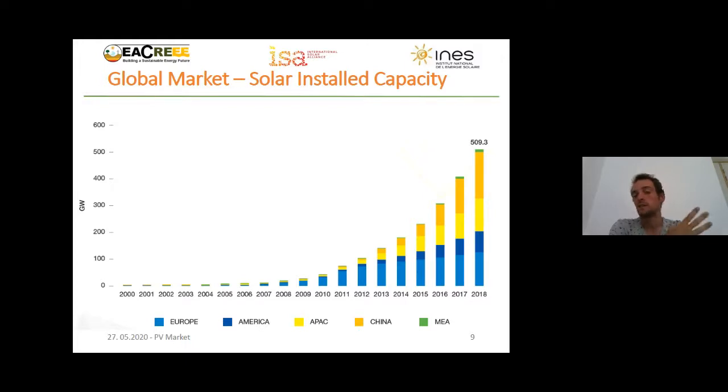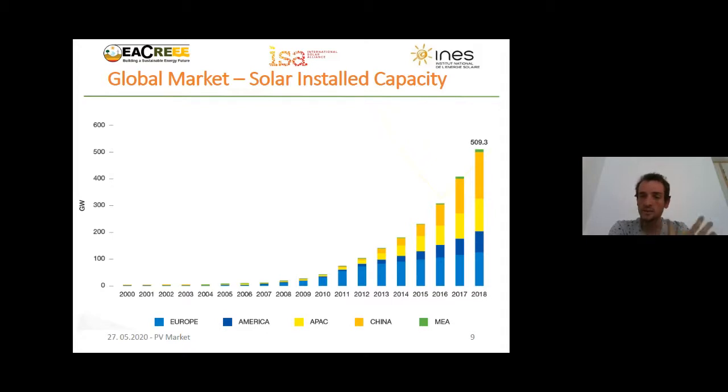So if we added 100 gigawatts in 2019 and another 100 gigawatts in 2020, which is reasonable, we should be at the end of 2020 around 700 gigawatts of installed capacity. Maybe a little bit less due to the COVID crisis, but we should be around this number.